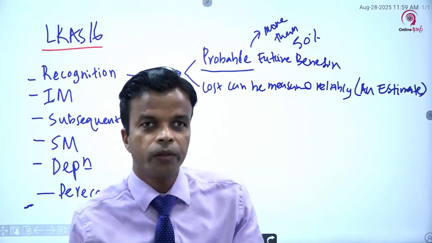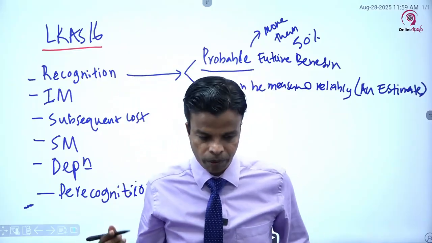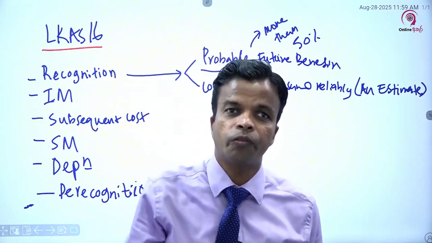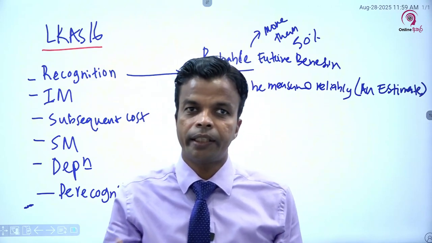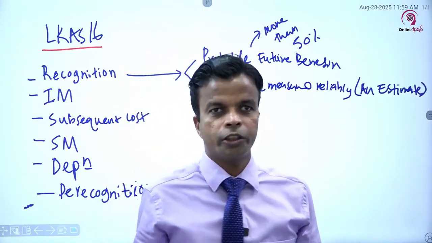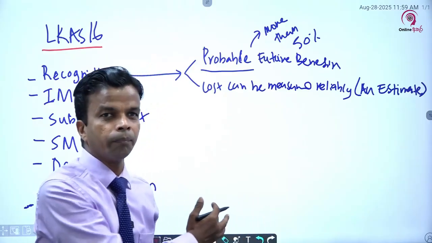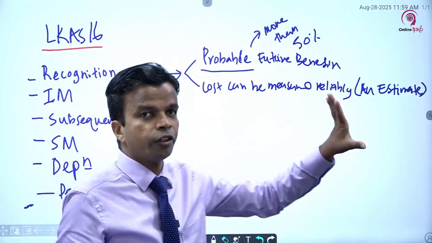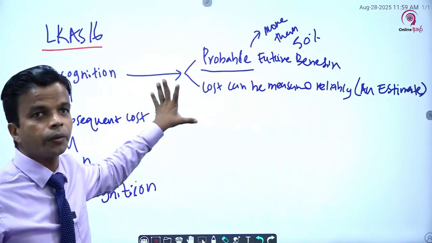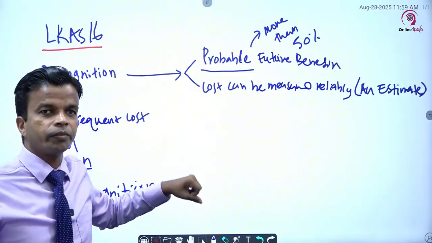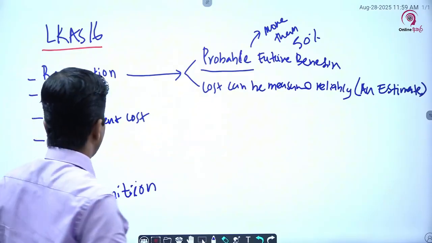Where I got this probable more than 50%, you remember LKS 37 discusses probable cash outflow. When you explain the criteria for provision, probable is defined as more than 50%. So the same will impliedly apply here, right? So that is recognition. When you have been given a scenario, ask whether these two recognition criteria and the definition are satisfied, then it's under PPE, right?